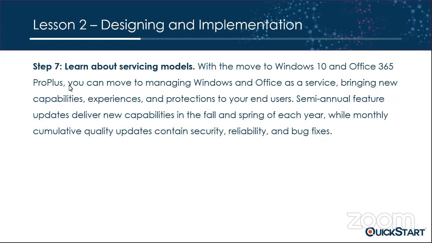So this is a good step: now there are semi-annual feature updates, with new capabilities every fall and spring of each year. Monthly cumulative quality updates contain security, reliability, and bug fixes, so they still have these updates, but only for security and bug fixes.